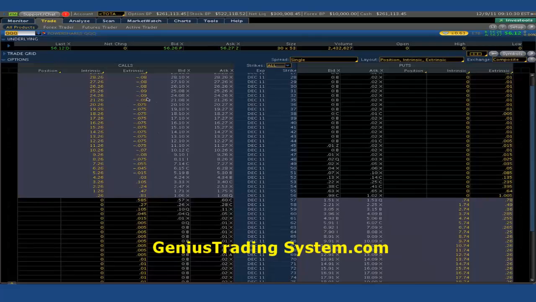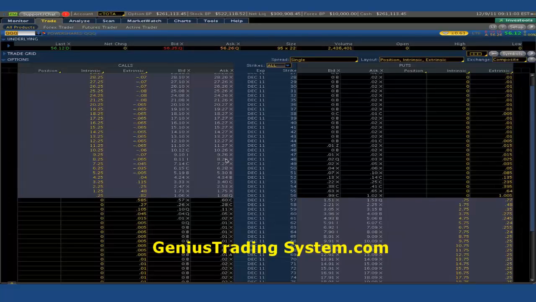Everything highlighted in gray here on both sides, we'll start with the calls first, are in the money calls. And it is one strike price lower than the actual level of this financial instrument. For example, if you see the line right here at 56, these are what are called at the money calls. It's very close to the current price of the financial instrument, in this case the ETF.